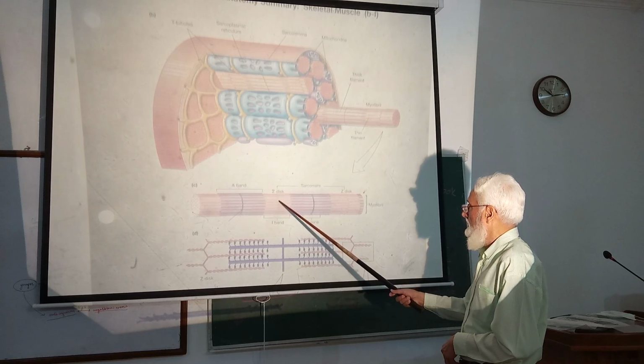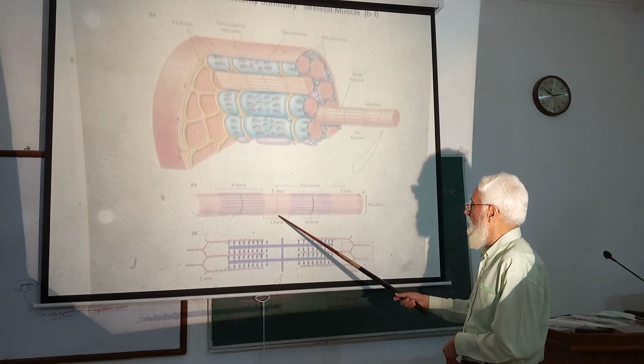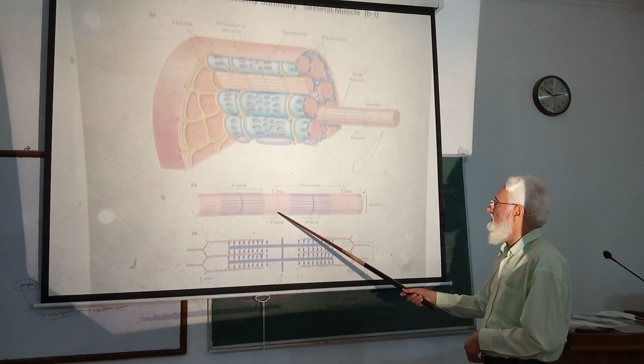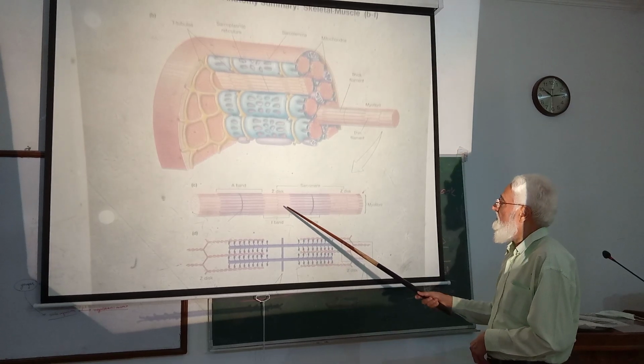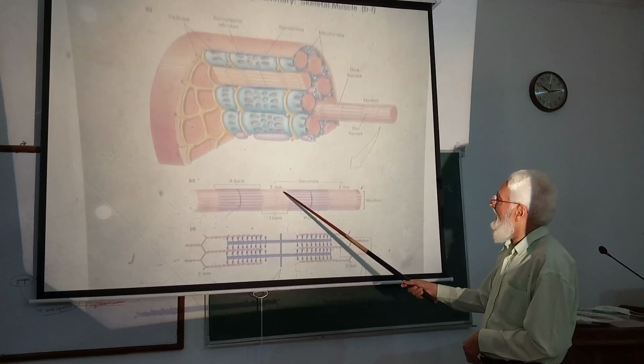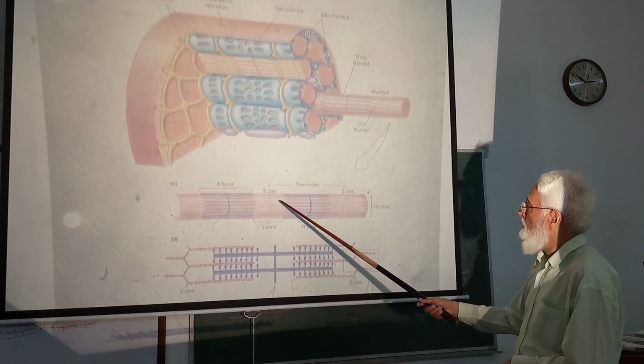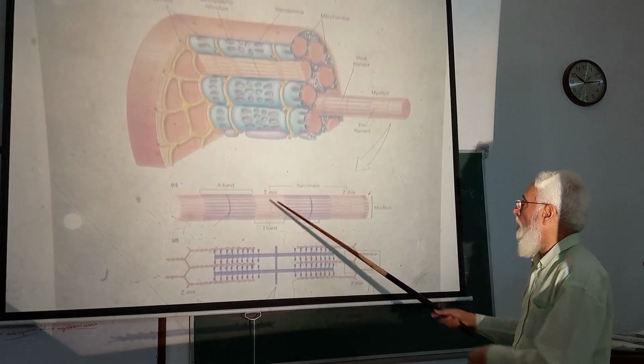Z disc, you see. This is the Z disc in the center of the I band, a light band. The Z disc gives attachment to actin filaments on two sides.